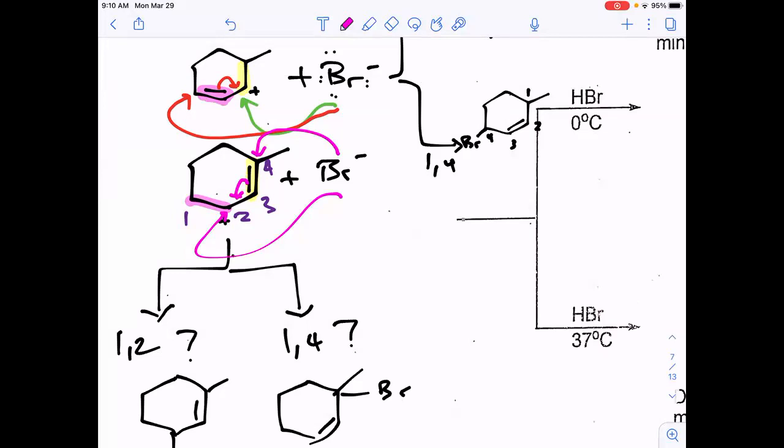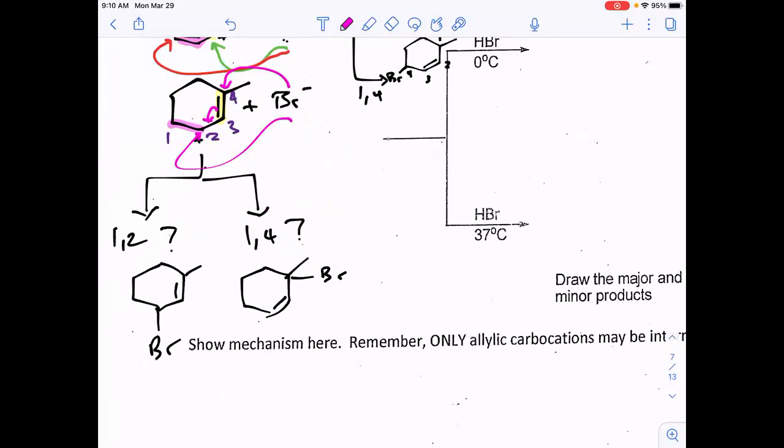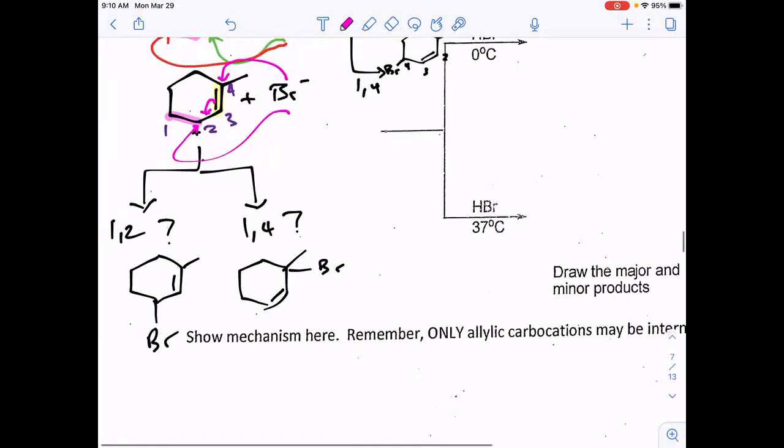Is it going to be the 1-2 or the 1-4 product? The 1-2. Yeah, that's the kinetic product at low temperature. And then the 1-4 product, if I warm it up past 0, to 10 or 25 or 35, then the 1-4 product is going to predominate. And we talked about how that happens, right? It goes through like an SN1 type mechanism.